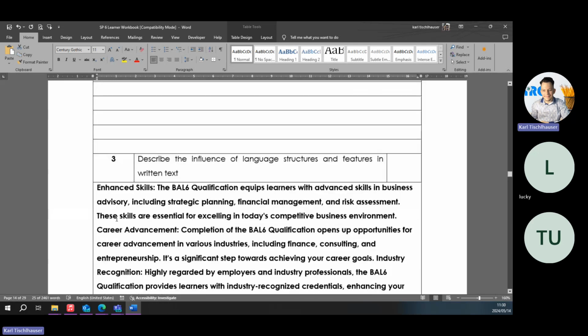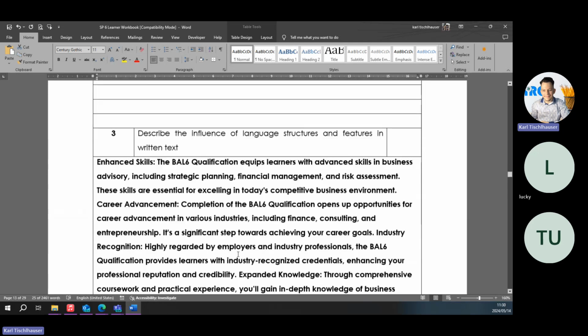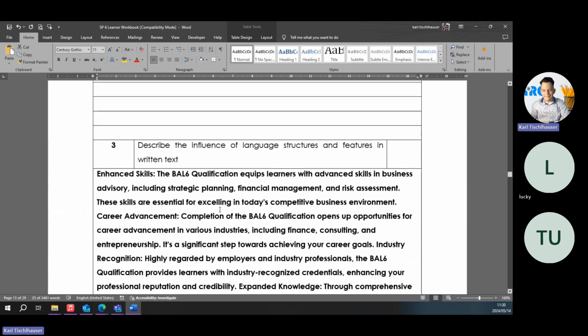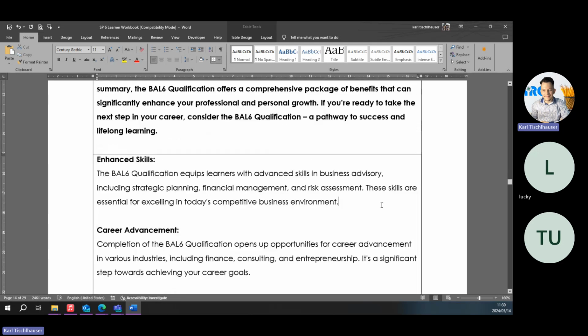So this is what the question is about. What is the influence of language structure? So having paragraphs and then features such as bold text, and even if you add italics.